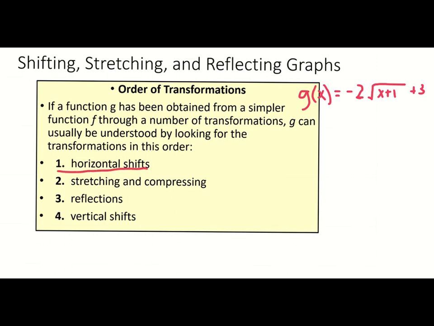Remember, horizontal shifts would be with the x, either under the radical, with the exponent, whatever it is. So I have the square root of x, which, if I asked you for the parent function here, if you take away all the other numbers, your parent function for this would be g of x equals the square root of x.